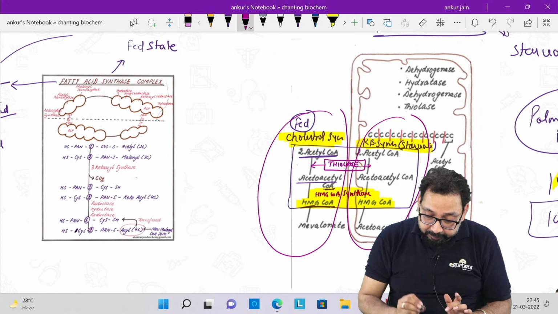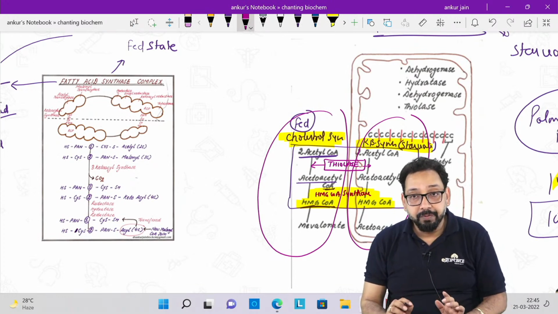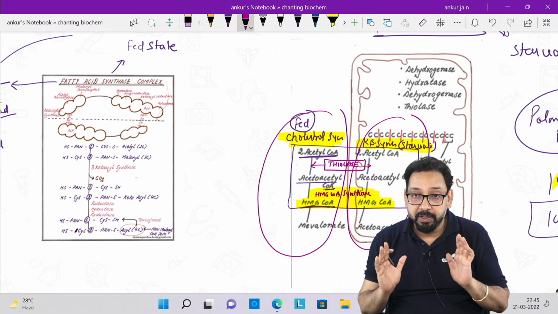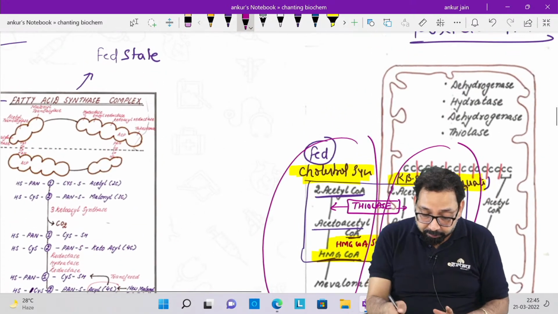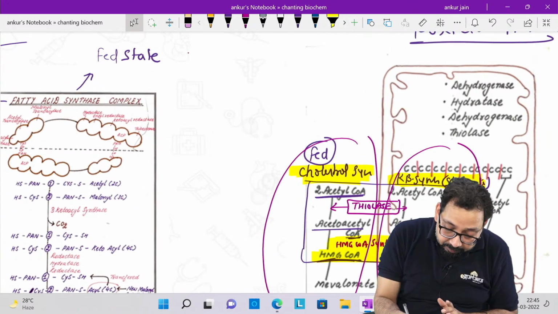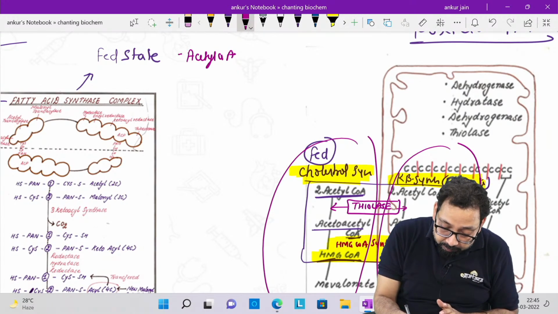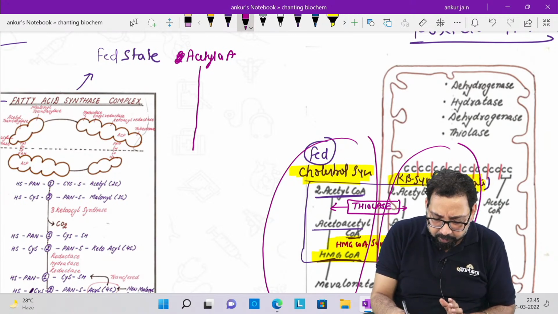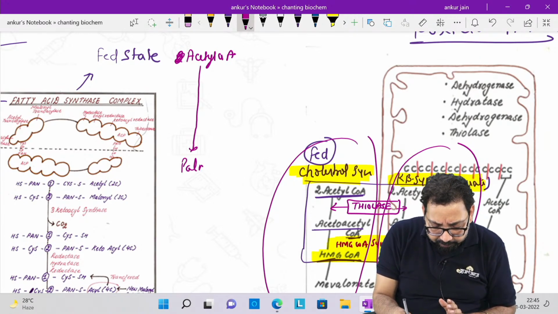Now, fatty acid synthesis and beta oxidation of fatty acid are two opposite pathways. What I said? Fatty acid synthesis, two acetyl coenzyme A or multiple acetyl coenzyme A join to form palmitic acid.